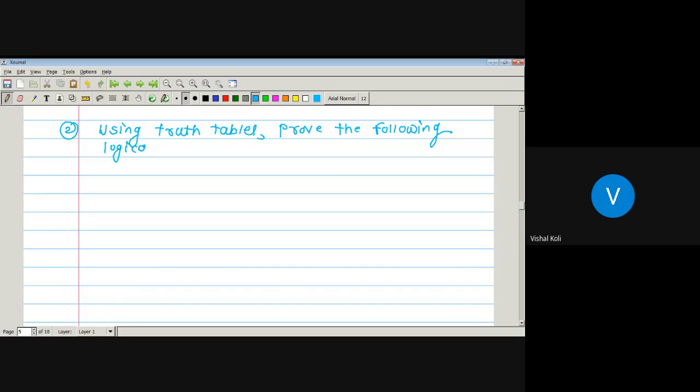The first one is: P and Q is equivalent to negation of (P conditional negation of Q). And the second one: (P and Q) conditional R is equivalent to P conditional (Q conditional R).